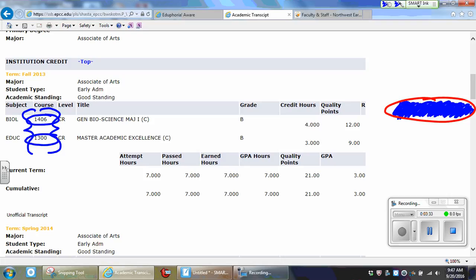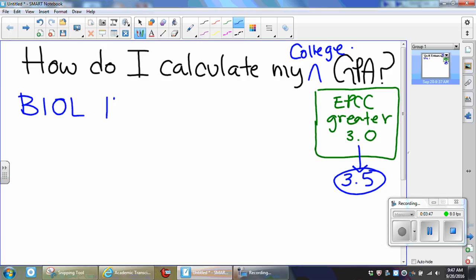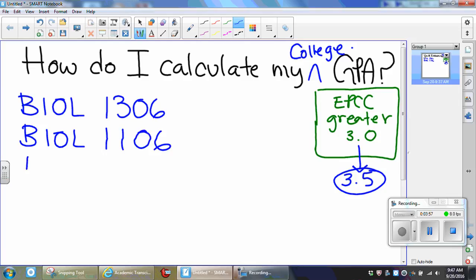Now, I would like to do an example for our current freshman, sophomore, and junior students. So I'm going to go back. And let's say that we have a student who has taken biology 1306 and also taken the lab, which the course number is 1106, and also education 1300.